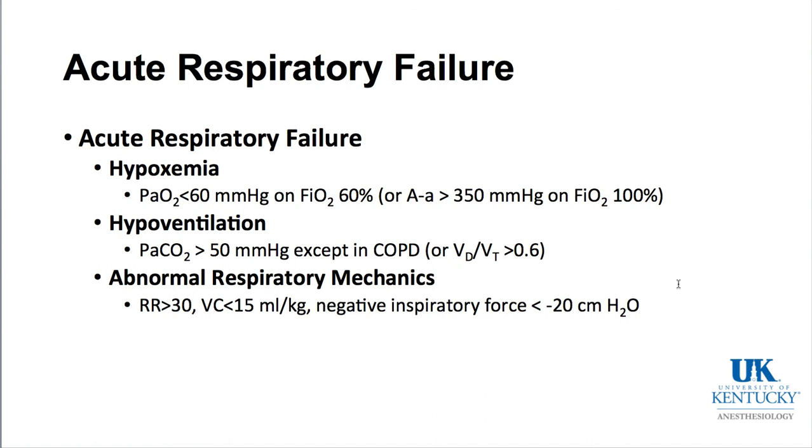If the CO2 is greater than 50 in a patient who doesn't have COPD, or VD/VT is greater than 0.6, we say that's hypoventilation. And abnormal respiratory mechanics are things like tachypnea, a very low vital capacity, or inability to create a negative inspiratory force, a sucking force of -20 or more negative than that.